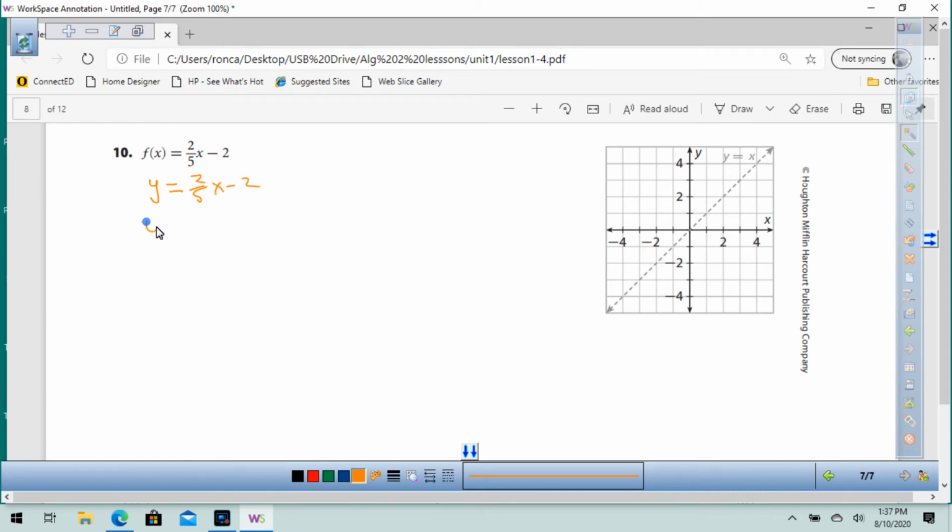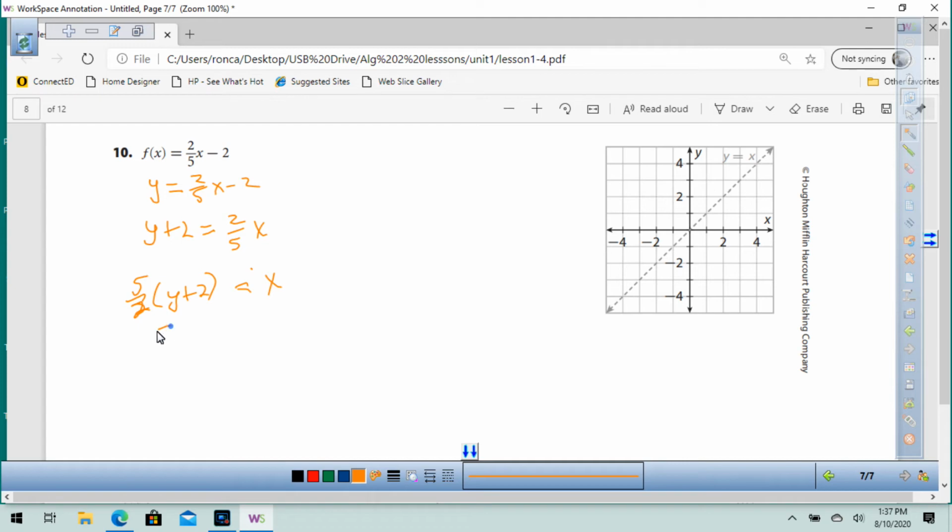We're going to add 2 to both sides. We got y plus 2 equals 2x. And we're going to multiply both sides by 5 halves. So we have 5 halves times y plus 2 equals x.